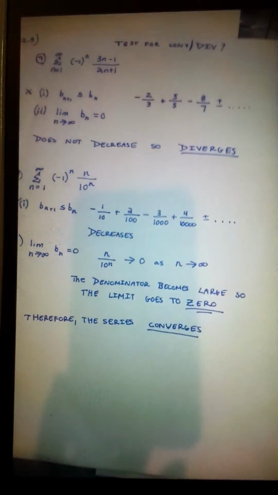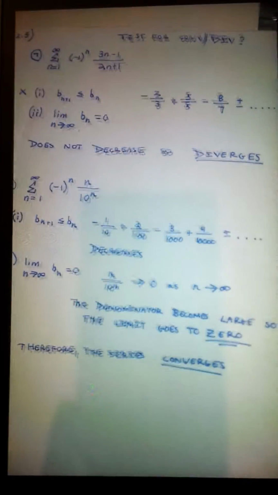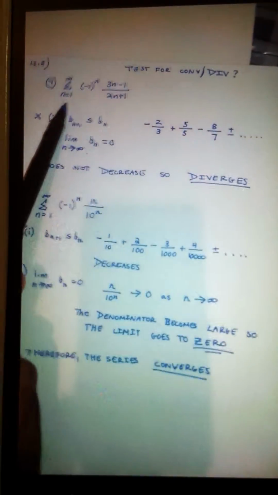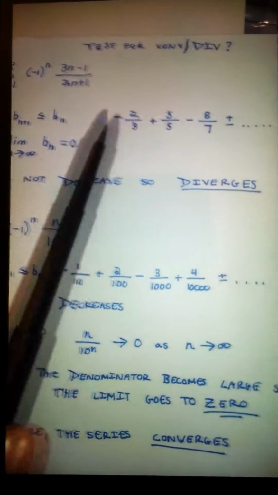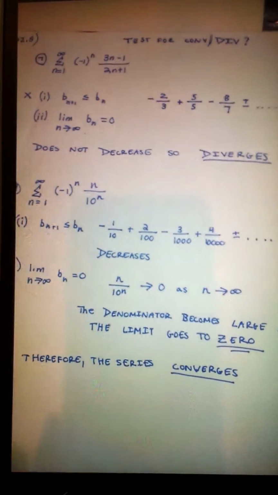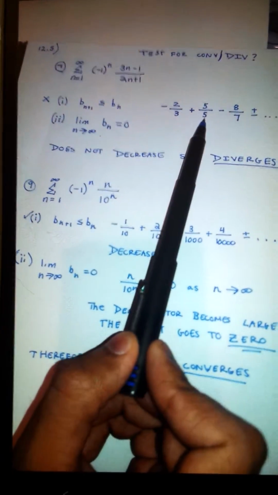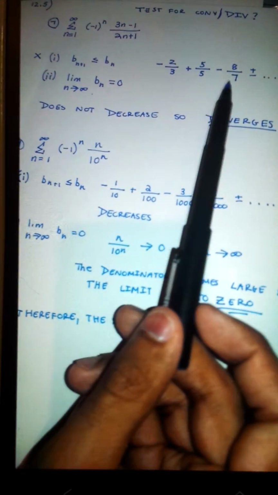So, for the first criteria, b sub n plus 1 is less than or equal to b sub n. If you plug in the consecutive numbers starting from 1, you get negative 2 over 3 if you plug in 1 for each n. Then for n equals 2, you get positive 5 over 5, or 1. If you plug in 3, you get negative 8 over 7.